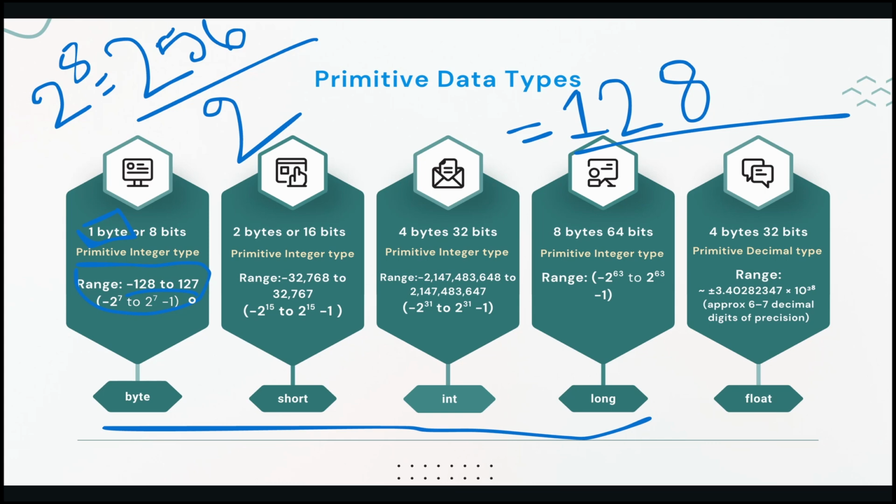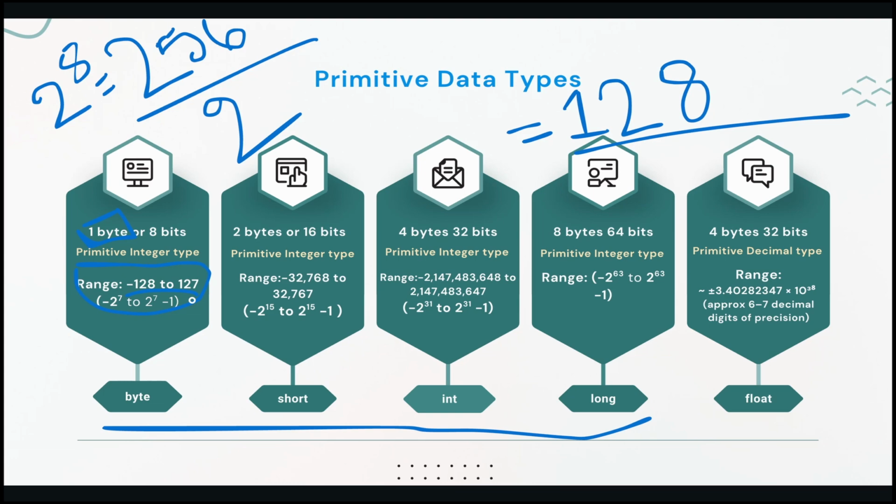Now if I start to count from 1, positive 1, then we will be able to go till 128, but there is a number you are forgetting. It is one of the most important numbers, the 0.